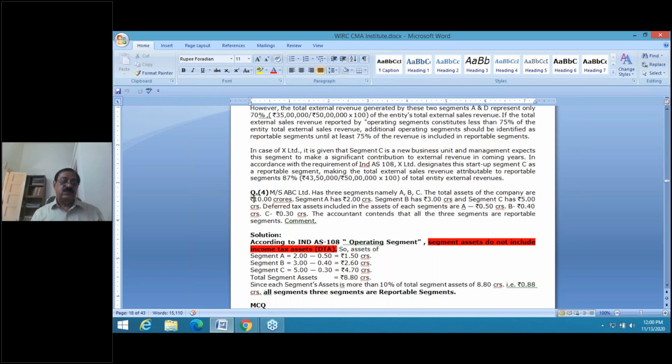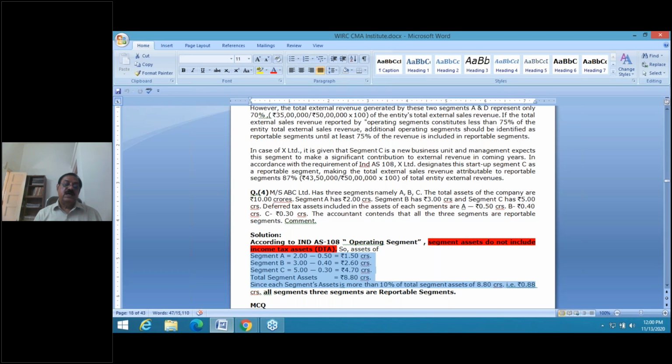But as per the rule of this Ind AS, you have to exclude the deferred tax assets. Segment assets do not include income tax assets. So in the first, if you deduct from 2.00, it comes to 1.50. In the second, 2.60. Third, it is 4.70. So total segment assets comparable for this criteria is 8.80, and 10% of 8.80 comes to 0.88.